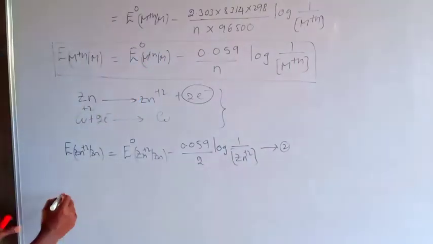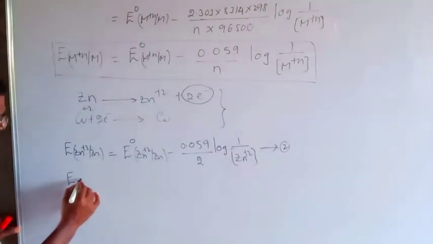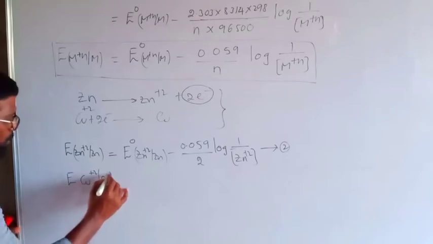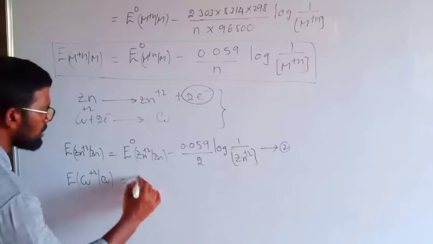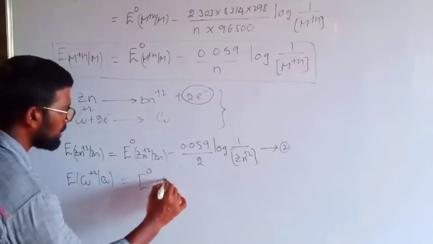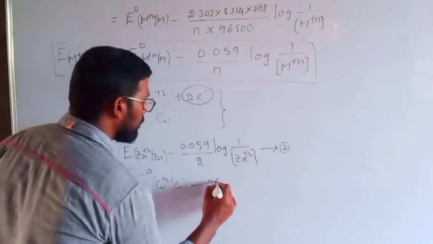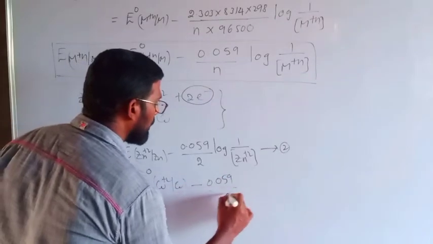Now similarly, the electrode potential of copper is equal to the standard electrode potential of copper minus 0.059 by 2.